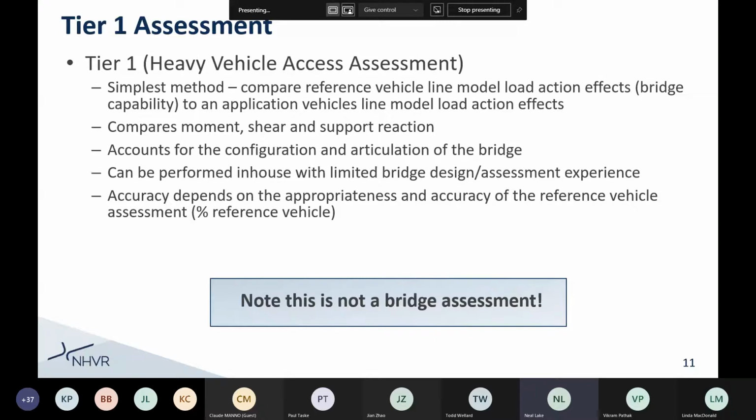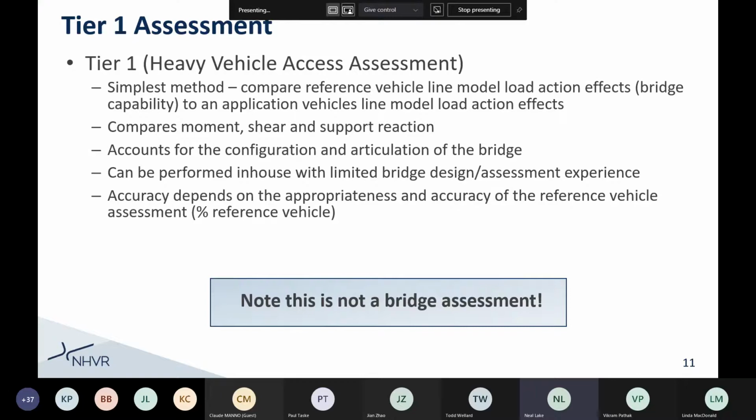What we do is we compare a reference vehicle that we run across a line model. I'll go through this in more detail. We determine some load action effect from that, and this defines what our bridge capability is. What's the biggest vehicle that can cross the structure, which we've covered in earlier webinars. And we compare that bridge capability to an application vehicle.